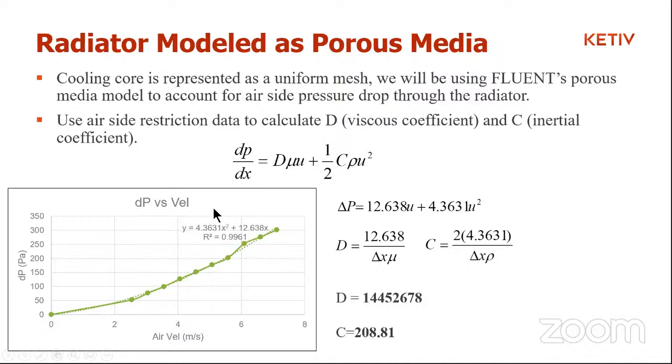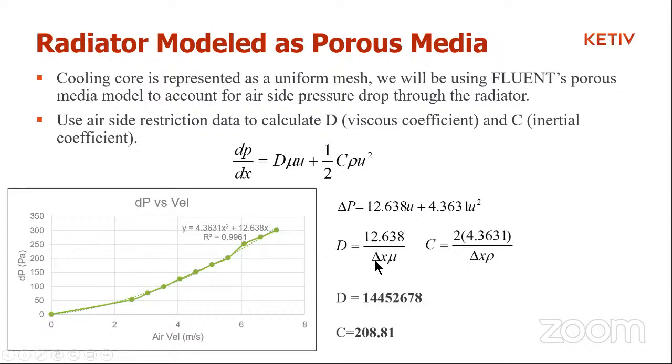And then you have a simple x term over here, which will give you the viscous coefficient. So by doing this sort of comparison of different terms, you can easily find D and C over here. So what I basically did was I took this term and equated it to this coefficient over here, 4.3631. And then I took this term over here and then equated it to 12.638.